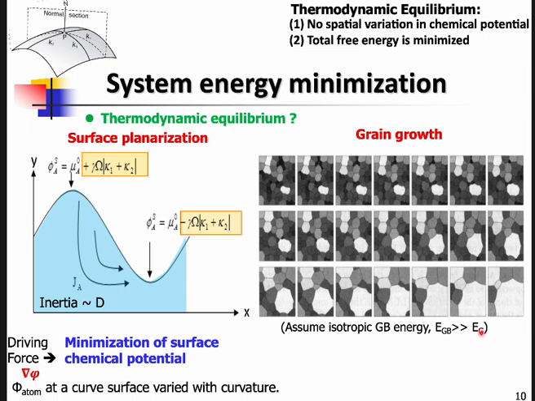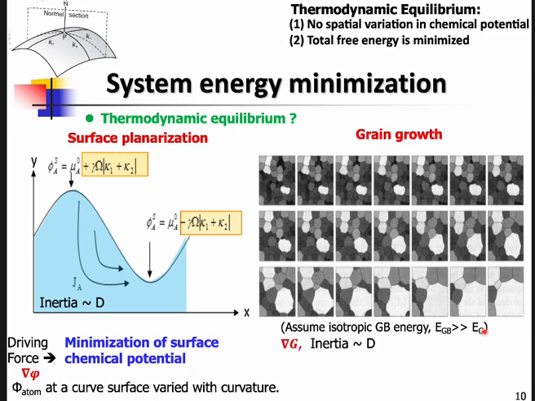So as long as the system tends to minimize its energy, the portion or volume of the grain boundary needs to get smaller and smaller, and the portion of the grain should increase in the meantime.